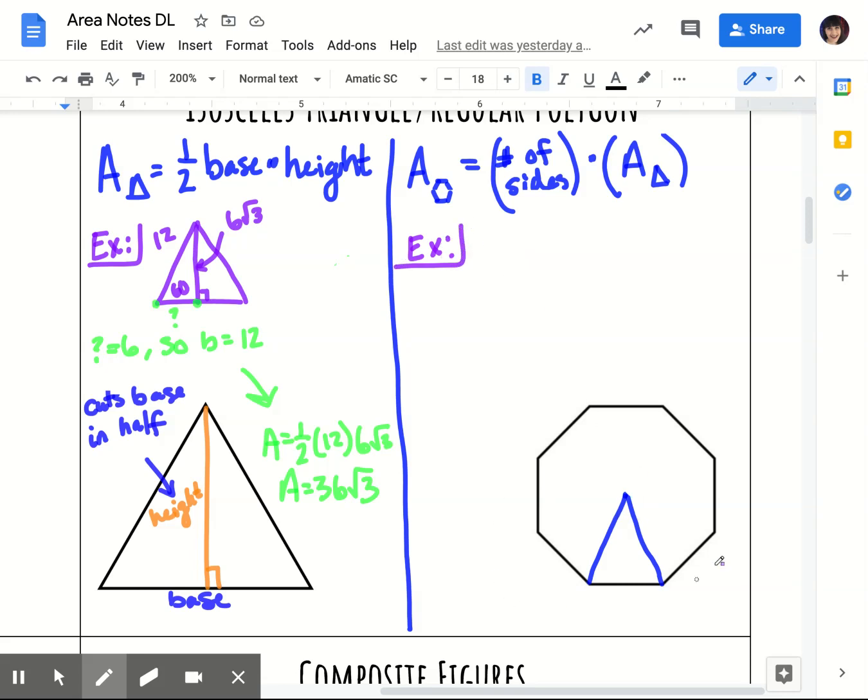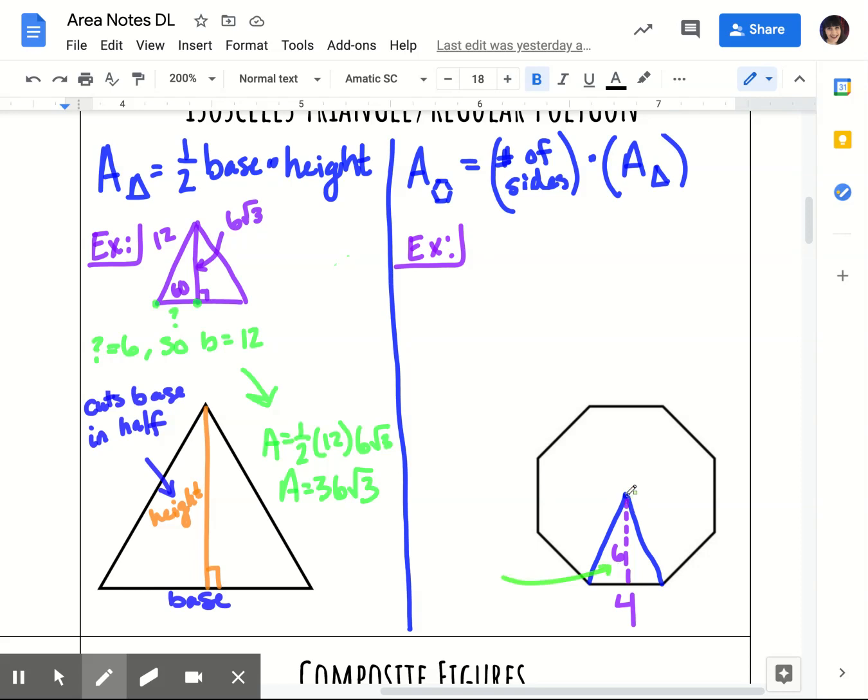In this problem down here, I'm going to tell you that the side length is 4, and that this distance right here is 6. The height of that isosceles triangle actually has a special name, which people use sometimes, so I want to make sure I at least tell you what it is.